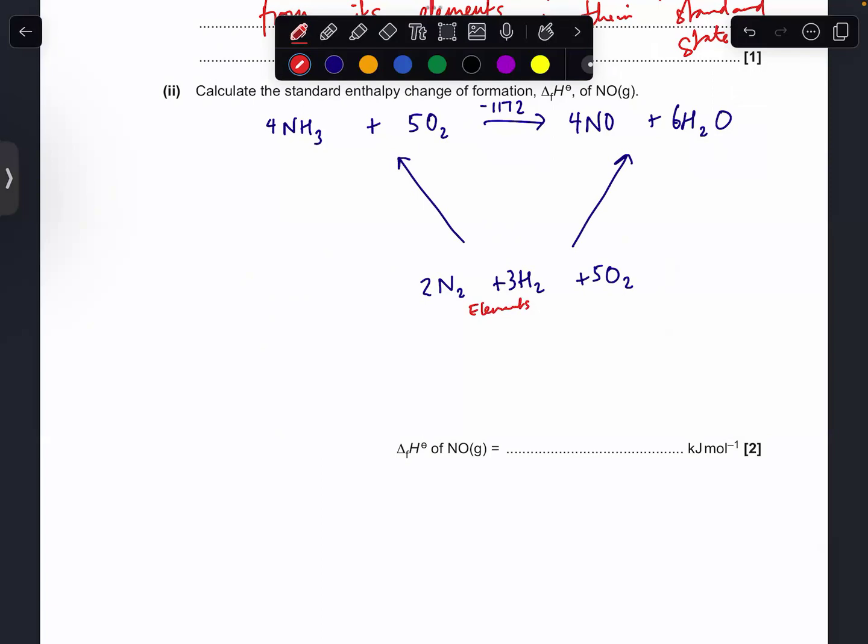Hess's law states that the overall enthalpy change of a reaction is going to be the same, irrespective of what route is taken. Can you see we are going against the first arrow, but we're going with the second arrow. So it's going to be minus reactants plus products, or products minus reactants.